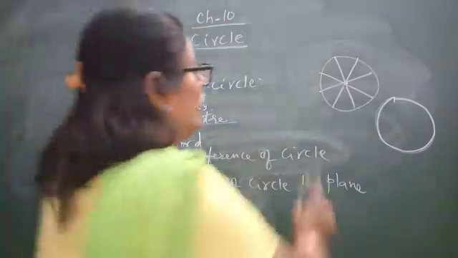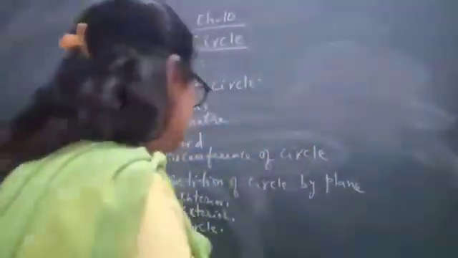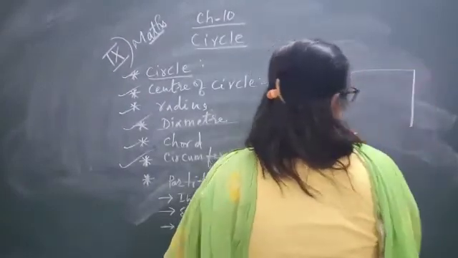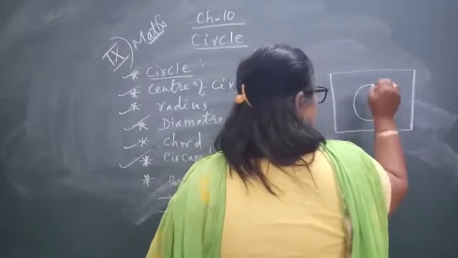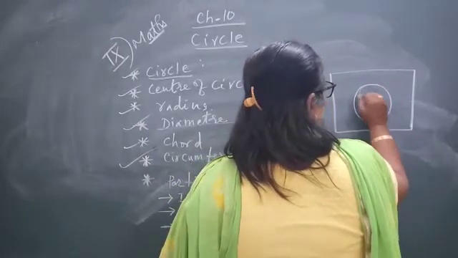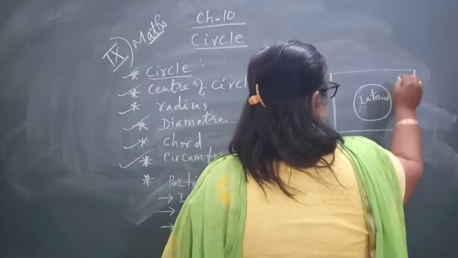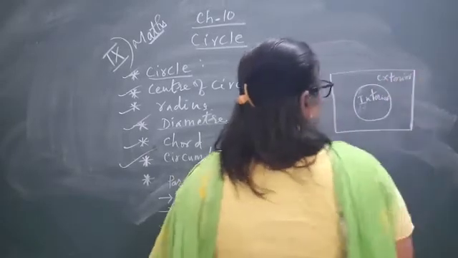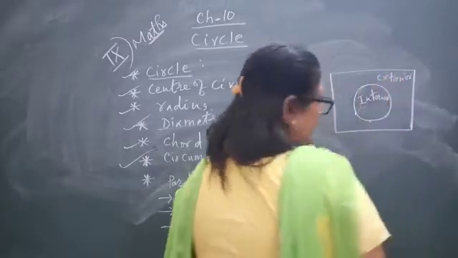Now then the next topic, that is the partition of the plane by the circle. Suppose this is the plane and this is the circle inside it. So this part which is inside the circle is called the interior, and outside that is called the exterior, and the points that lie on the circle are the circle itself.